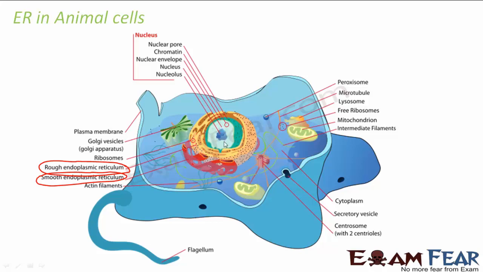The central blue colored structure is the nucleolus. The dark green structure is the nuclear membrane and the dots are the nuclear pores. Just outside the nucleus, somewhere nearby, you have the rough endoplasmic reticulum, and a little further you have the smooth endoplasmic reticulum.